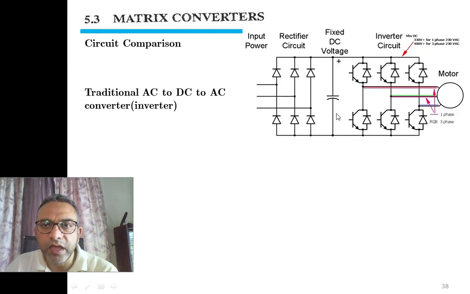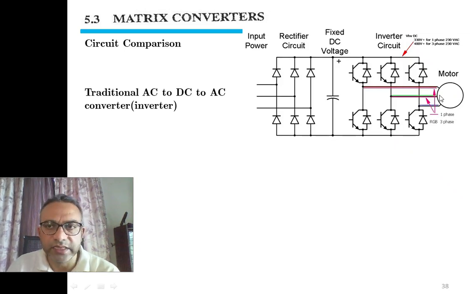Then after the capacitor, we have the DC to AC inverter, which consists of 6 power electronic devices and 6 freewheeling diodes, and then at the output we have the load.